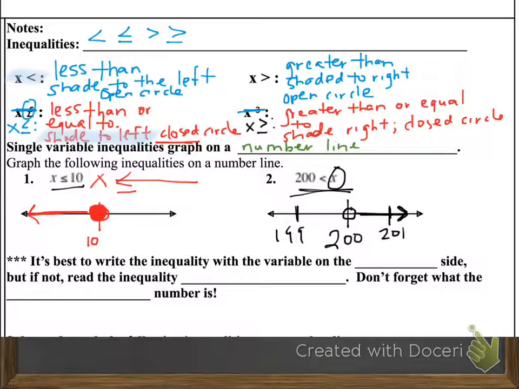So 200.99999 works, but 200 does not. That's why we have to put it there still. You don't want to leave that 200 out, only because the very next number, we're talking about a tiny fraction, the very next number indicates to you that it is included.